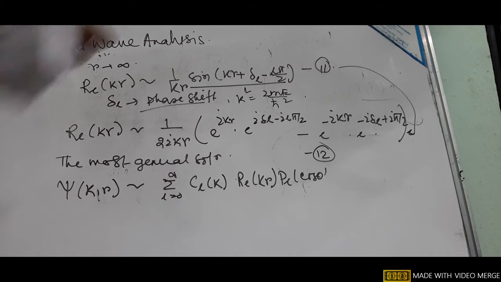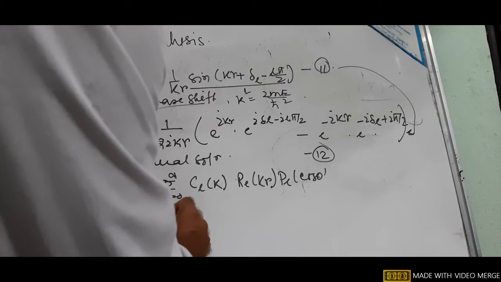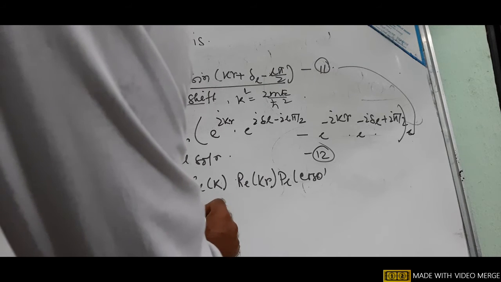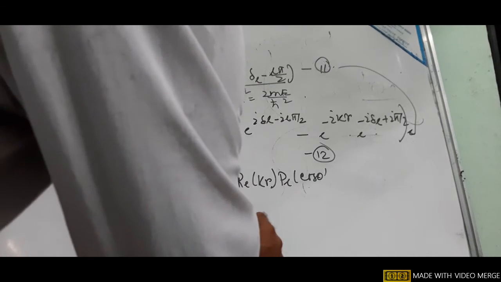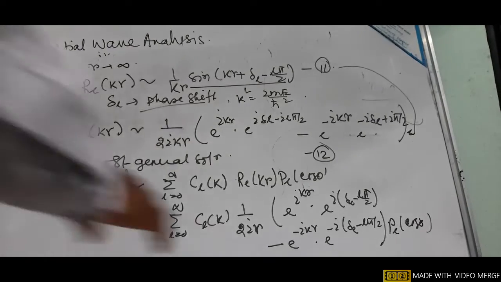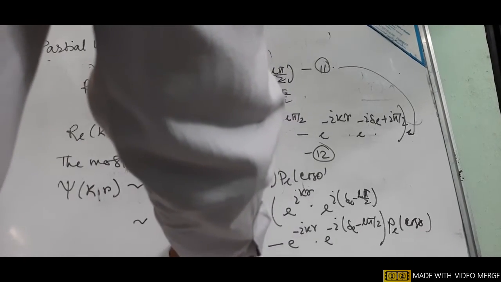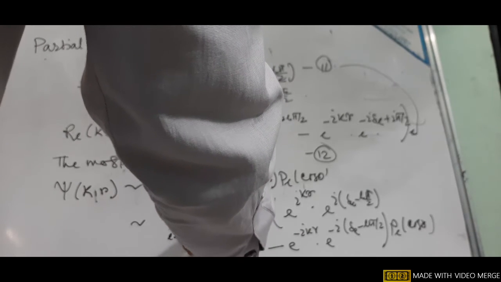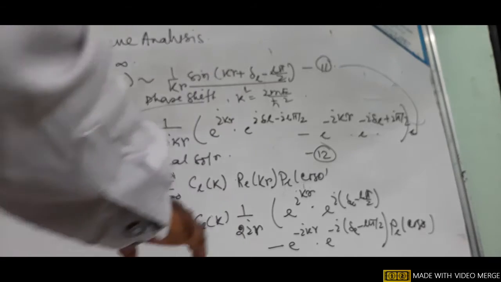So it is written as the summation L equal to 0 to infinity of C_Lk 1 by 2ir, then e to the power ikr e to the power i(delta_L - L pi by 2) minus e to the power minus ikr e to the power minus i(delta_L - L pi by 2) into P_L(cos theta). I am not writing k here because k is already absorbed in the definition of the arbitrary energy dependent constant C_Lk.